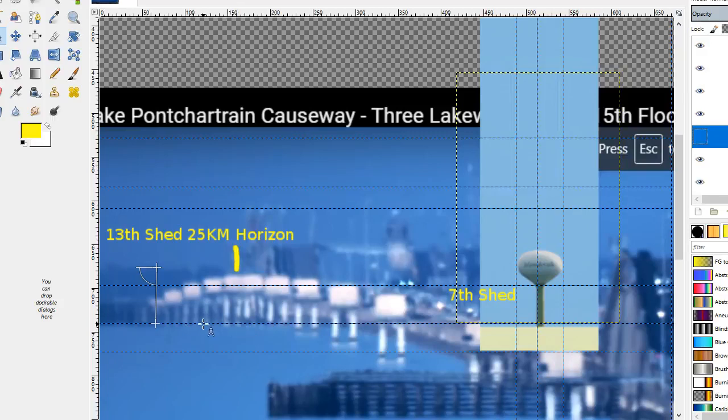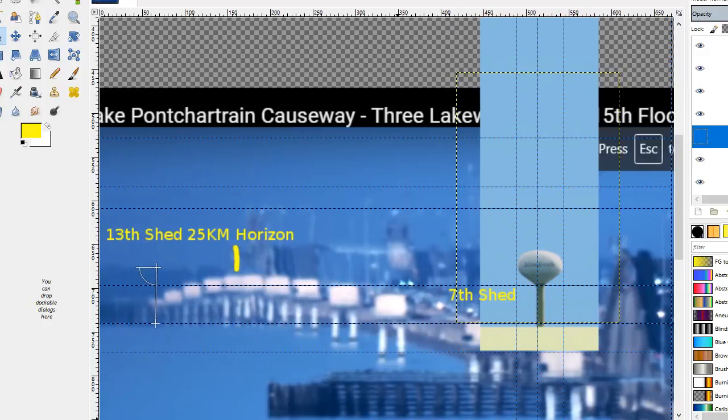So what I've got here too is I identified the furthest shed that we should be seeing to the bottom of the pillars based on 50-meter observation height. And that would be this one, the 13th.